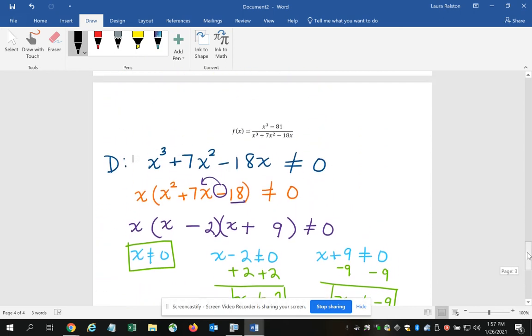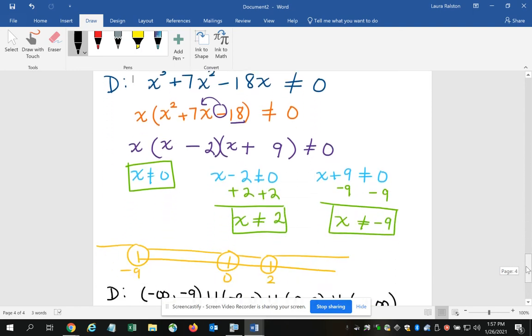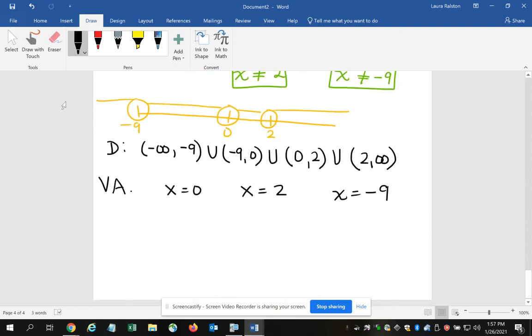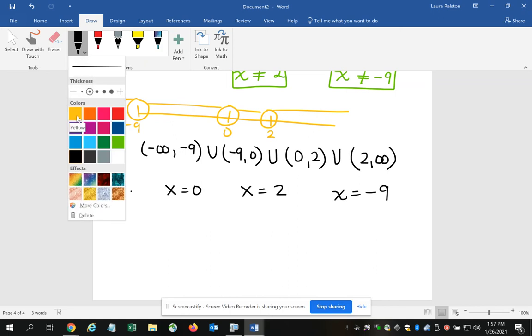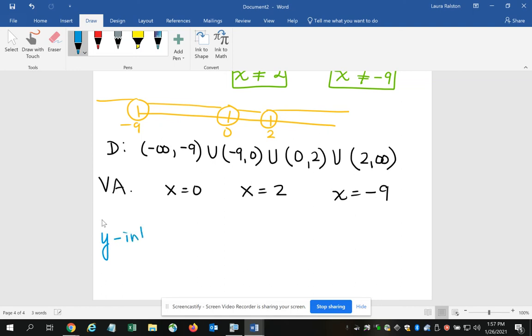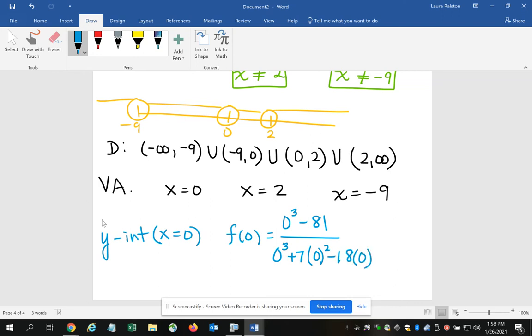Again, if we think about our x-intercepts, or excuse me, our y-intercepts, we're going to let x be 0 and solve for y. So I would have f of 0 equals 0 cubed minus 81 over 0 cubed plus 7 times 0 squared minus 18 times 0.